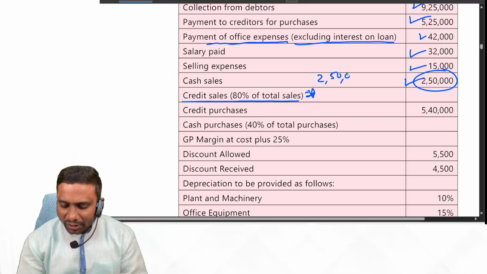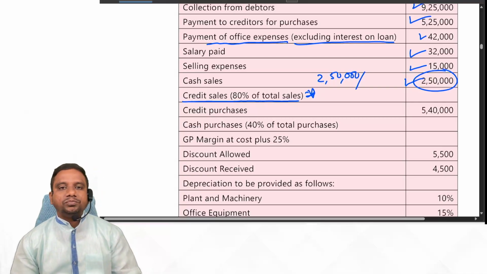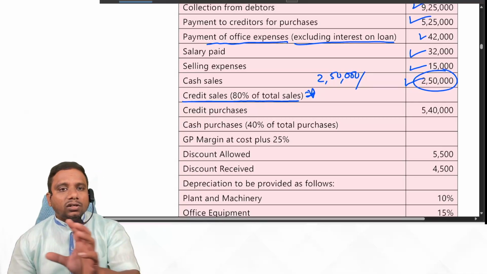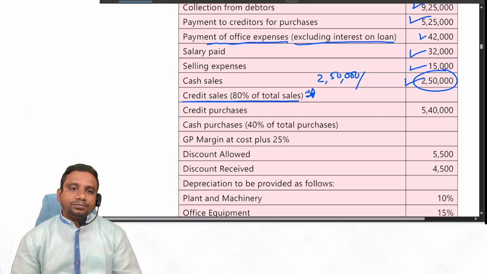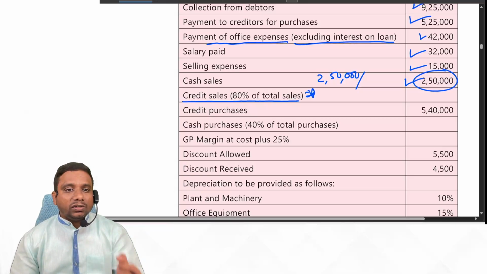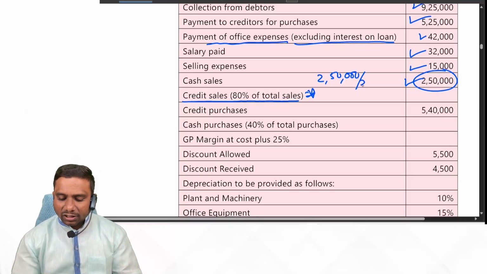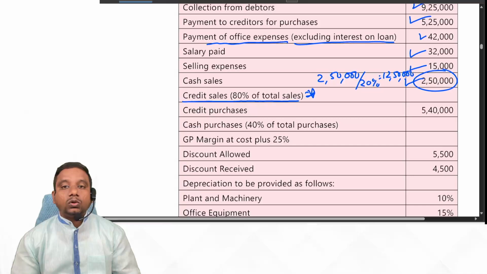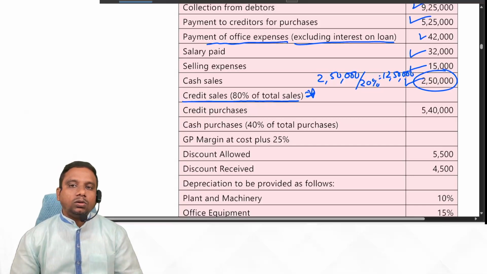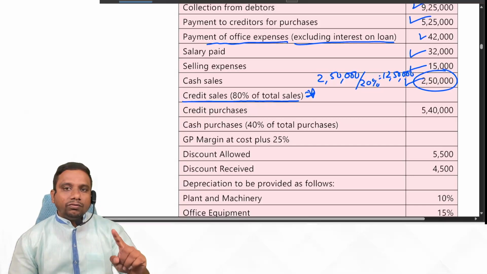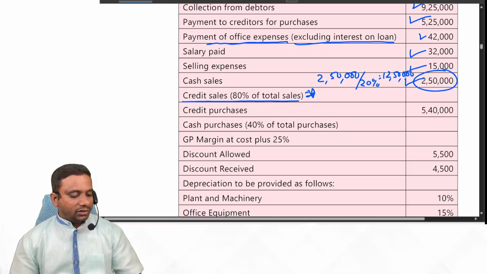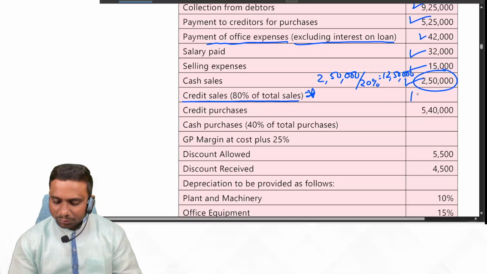That means cash sales are 20%. So 2,50,000 divided by 20%, we get 12,50,000 rupees as total sales. Out of 12,50,000, 80% is credit sales. So your credit sales becomes 10 lakhs.